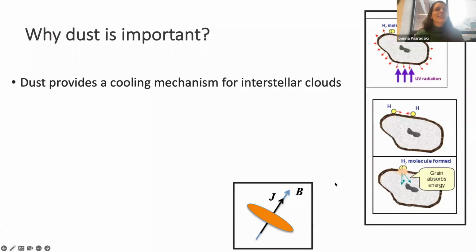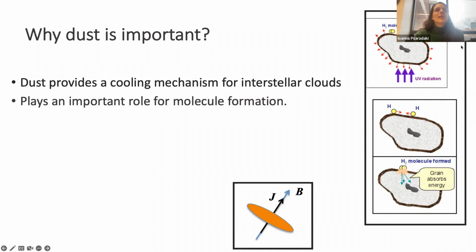because of a few reasons. So why is this important to study? First of all, it's important for star formation. Dust grains keep interstellar gas clouds cool by absorbing the energy from both gas-grain collisions and UV radiation, and these heated grains later emit the energy in the infrared.